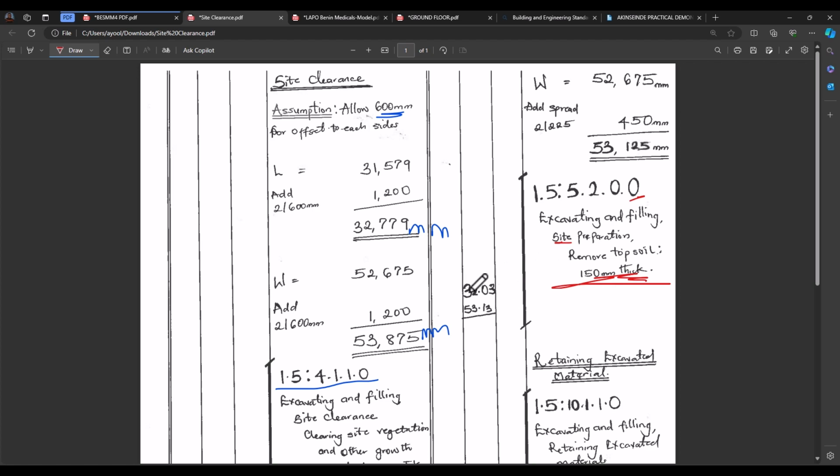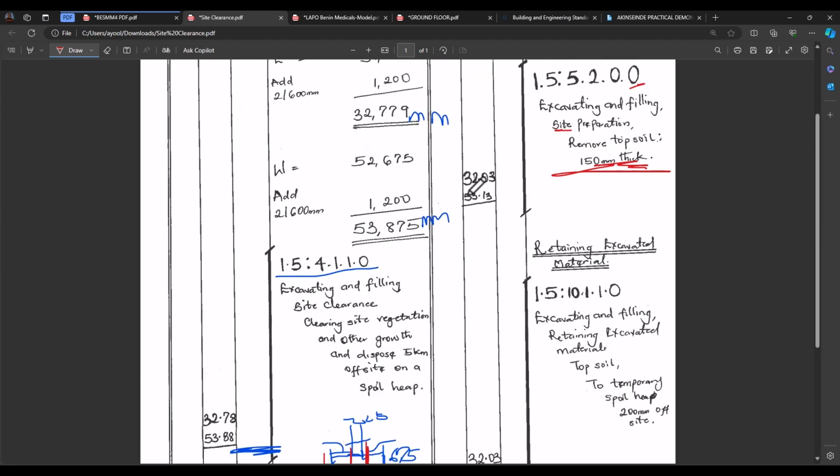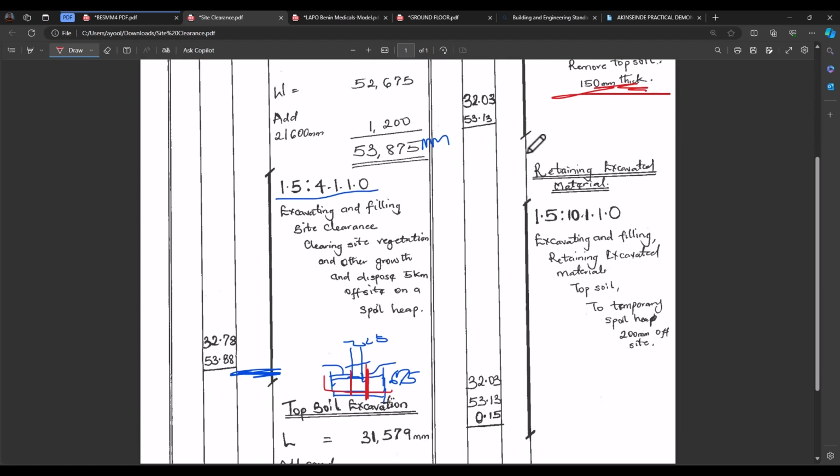So this is our booking, 32.03. When you divide this by 1000, you have 32.03, and the width we have 53.13 divided by 1000. I hope that is clear. Now, depending on what you want to achieve, you might retain the topsoil because it's a loamy soil and it's very rich.